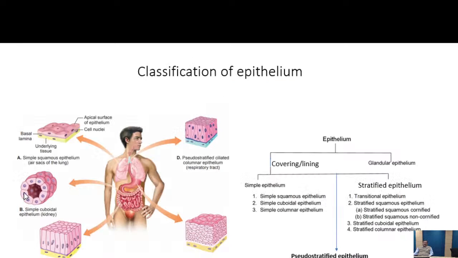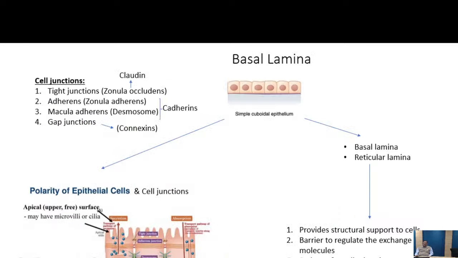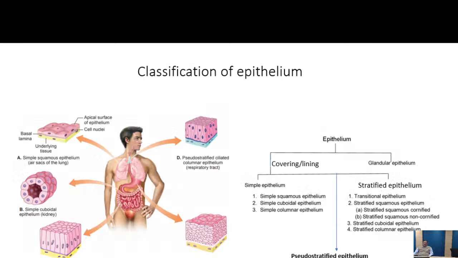So you might be wondering what keeps these cells in position. I have two parts in this slide. In one part, I am telling you about cell junctions. Cell junctions are the junctions between the adjacent cells in the epithelium, and these cells are bound to each other by specialized junctions called cell junctions.